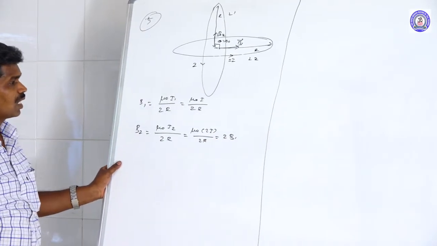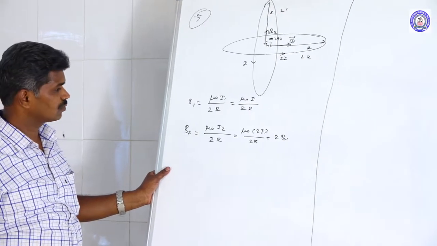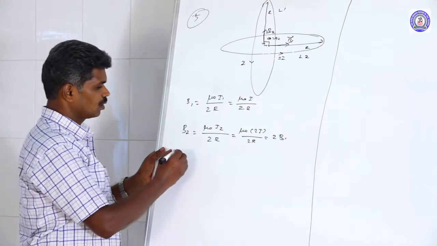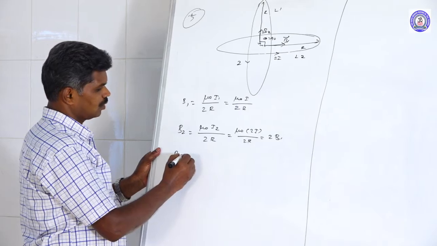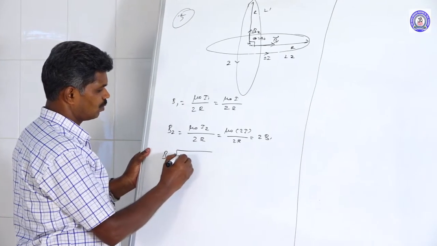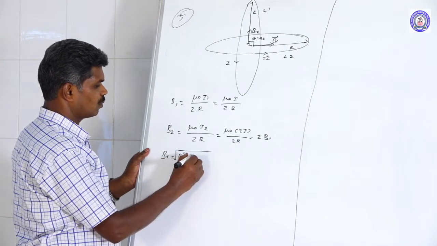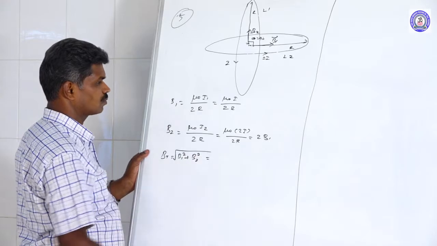But the two are acting at right angles. That's why the resultant magnetic field Bt is equal to the square root of B1 square plus B2 square.